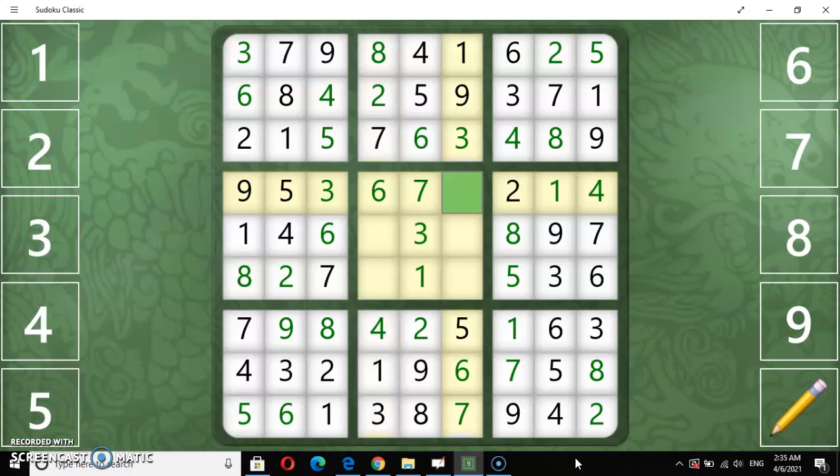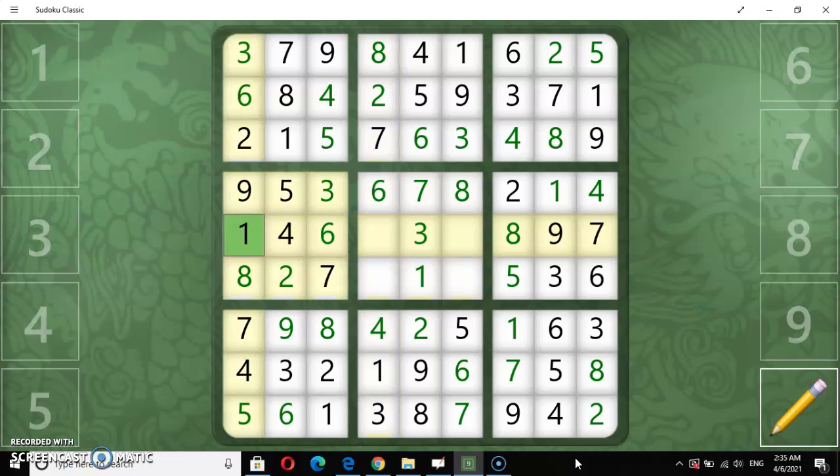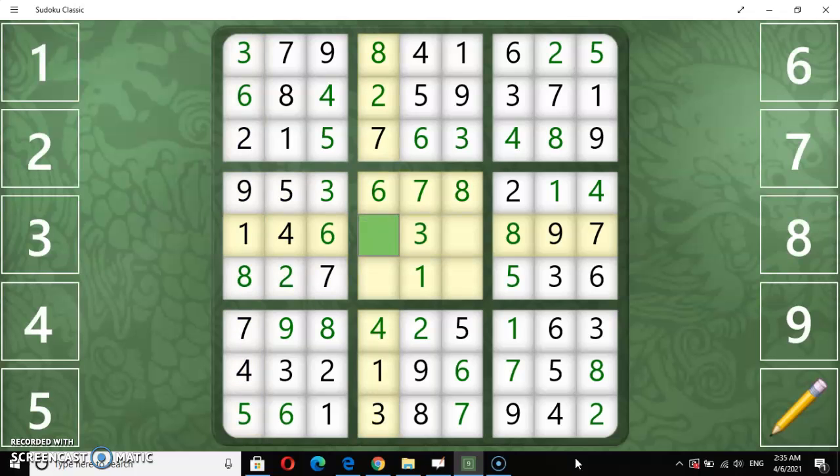Yes, it is right. So it must be 8 here. And these two cells, we don't have 2 and 5. I cannot write 5 here because here is 5, so it must be 2 and here it must be 5.